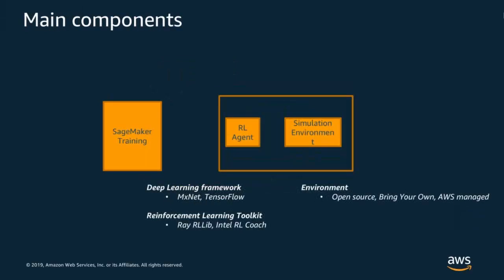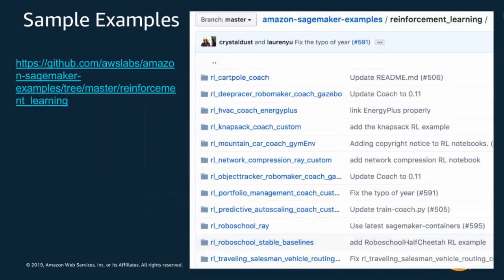So essentially all the examples that we have in the GitHub repository showcase a mix of different deep learning frameworks, reinforcement learning toolkits, and environments. So very quickly, here is a link to the GitHub repository, which has all the examples.